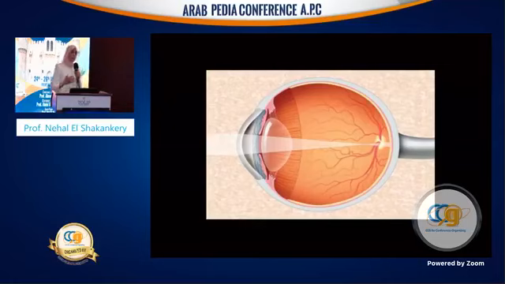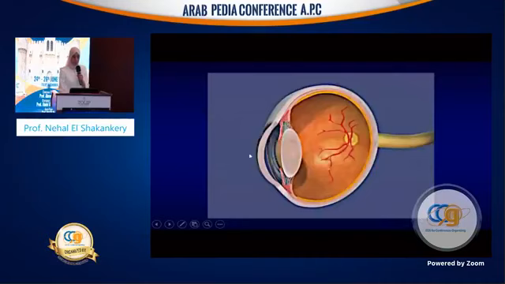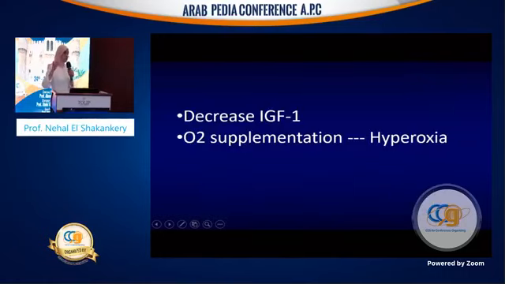What happens when the baby is born preterm? The retinal vasculature hasn't yet reached the anterior part of the retina, so there is a part vascularized and a part avascular. Immediately after birth, there is a massive decrease in insulin growth factor, because we know that it reaches a very high level in the third trimester.